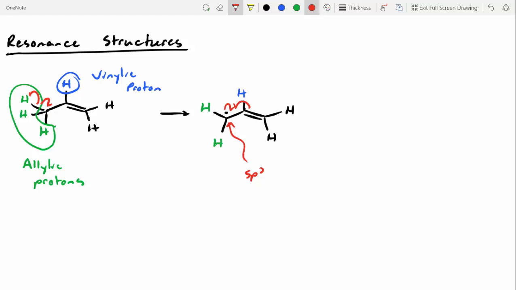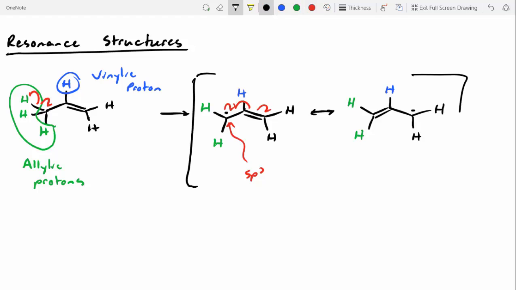And we have one electron left over that has to have somewhere to go. So it will hop over to that adjacent carbon. And we have an electron here. We have our same hydrogens here and here.